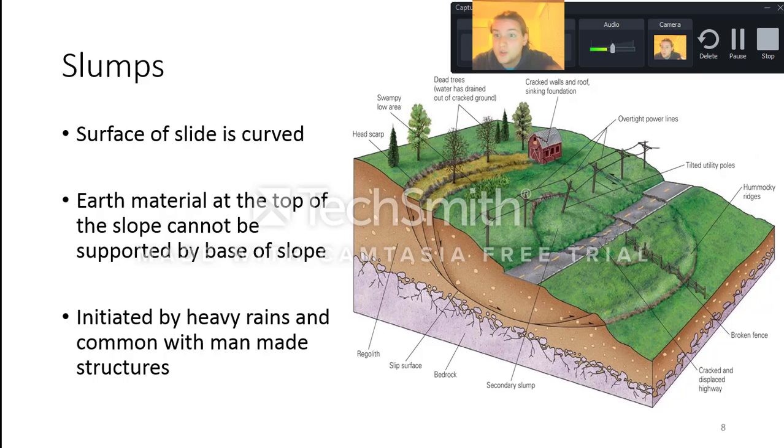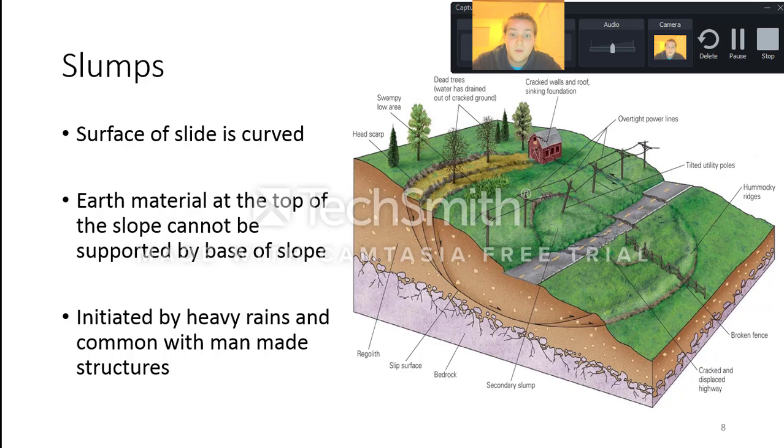So there's lots of roads or houses or whatever that are present during these types of mass wasting mechanisms. Now, what initiates these mechanisms is typically rain that oversaturates and increases the weight of the unconsolidated material involved, and this leads to slippage and lack of support by the base of the slope.